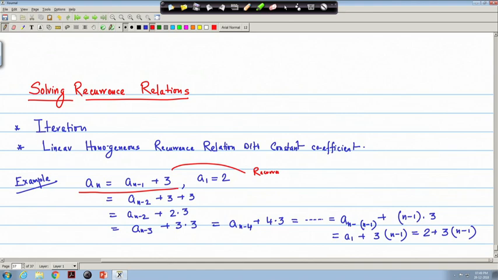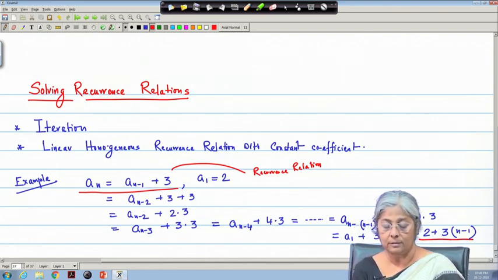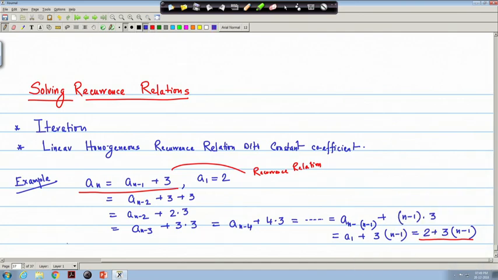If we proceed iteratively, we replace each term by its predecessors using the relation we apply, and I get a_n is equal to 2 plus 3 into (n-1).